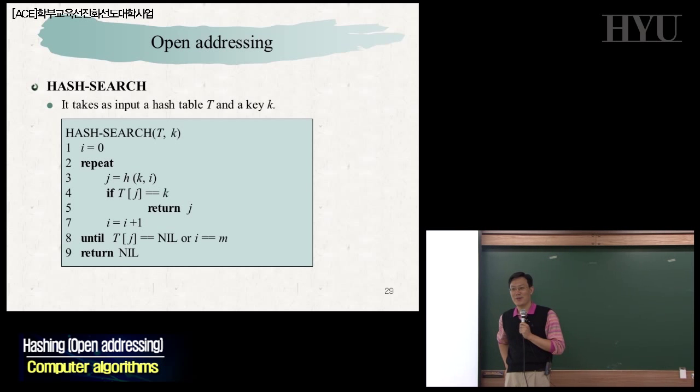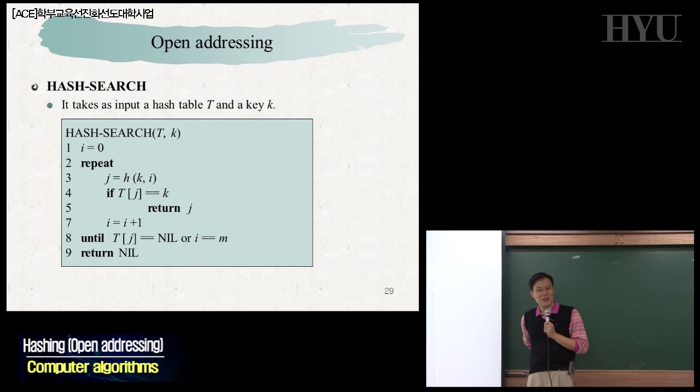And this problem has appeared several times in your midterm. So what should be changed in this hash search? Then the answer is nothing. So if you write anything, you're wrong.